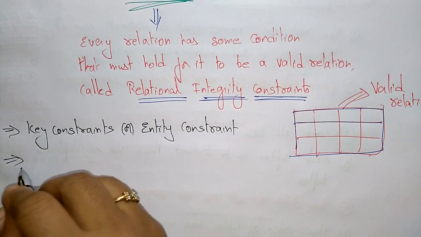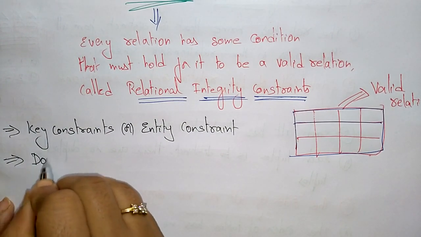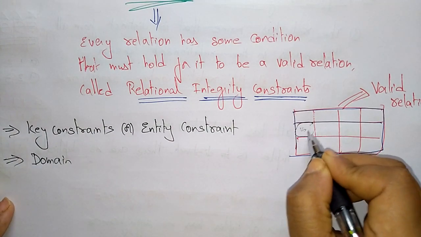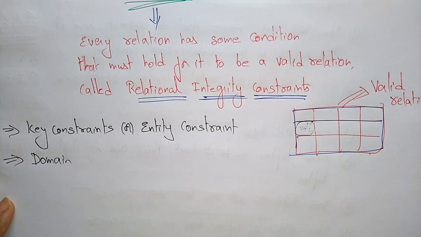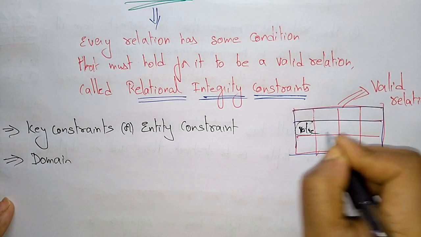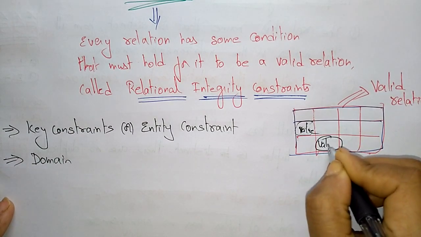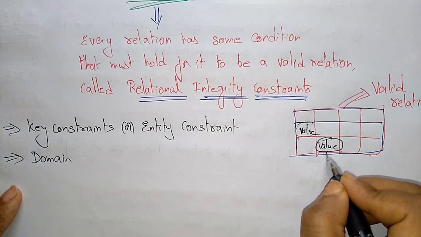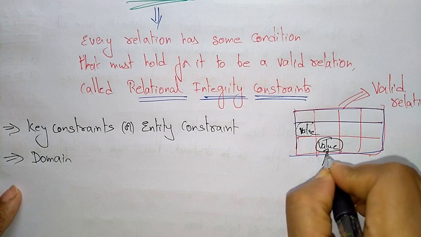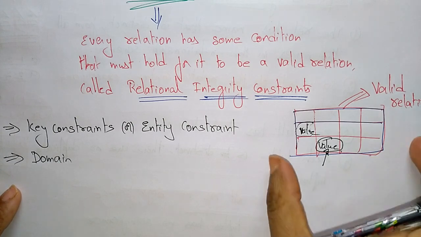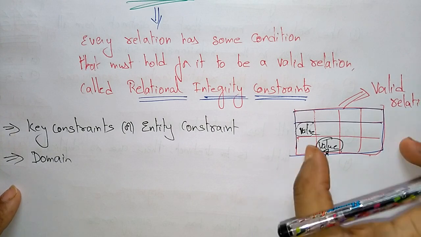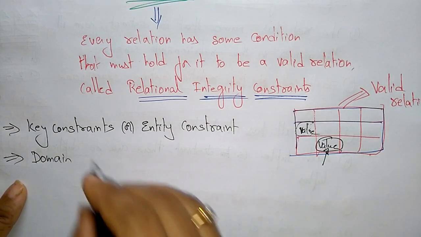And the next is domain constraint. Domain, I said, each value in a table you call a domain. Whatever value is there in a table. With the help of these domains, we will check the condition and verify whether the table is valid or not.